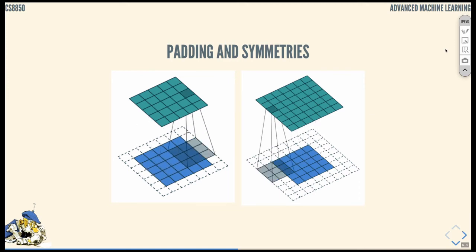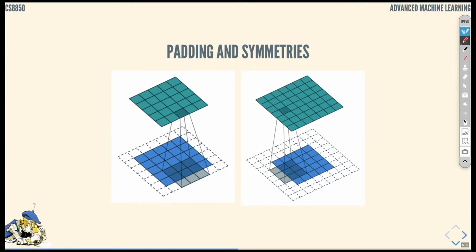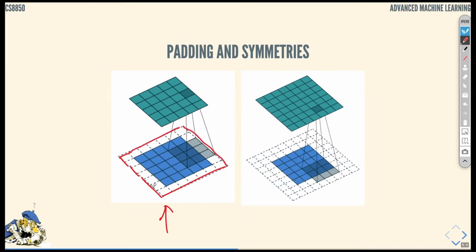As you see here in this example, notice we are scanning our filter, our kernel, along a larger image than our actual input.